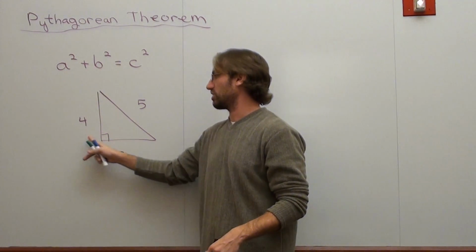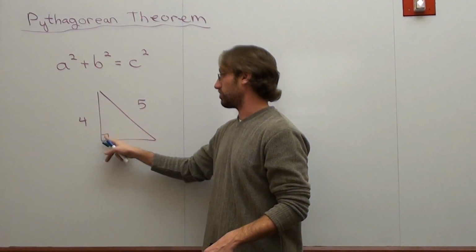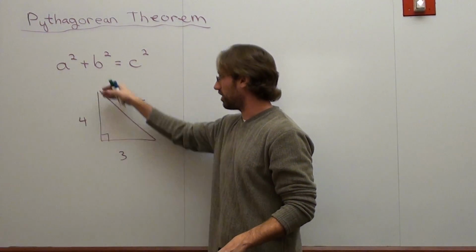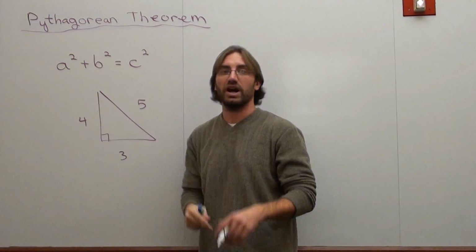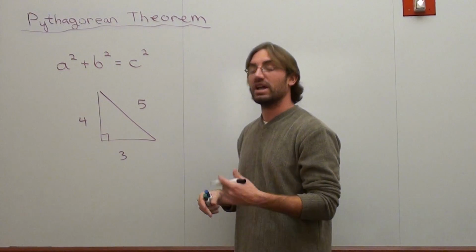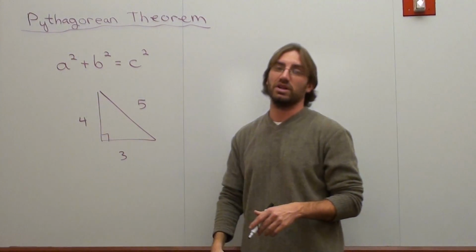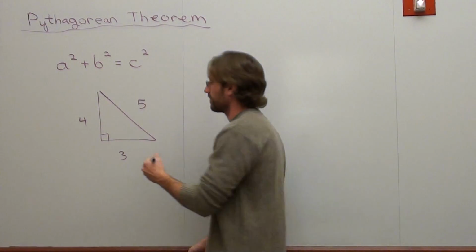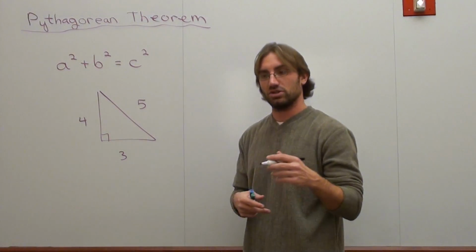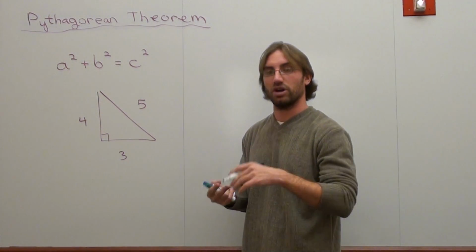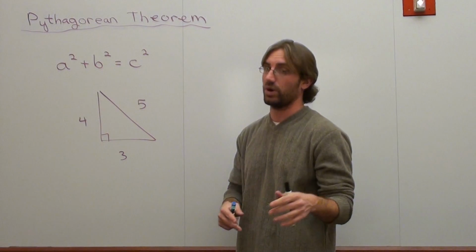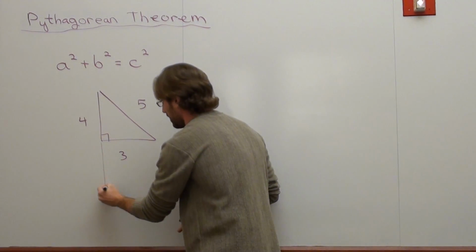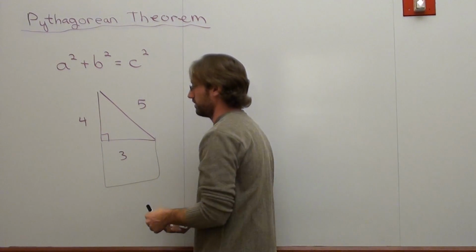You can interchange these two sides. But the hypotenuse, the side opposite the right angle, the largest side, is always the c squared on a right triangle. If it's not a right triangle, don't use the Pythagorean theorem because it's a waste of time. When you get into trig, that's where the law of sines and cosines comes in, which is really quite cool.